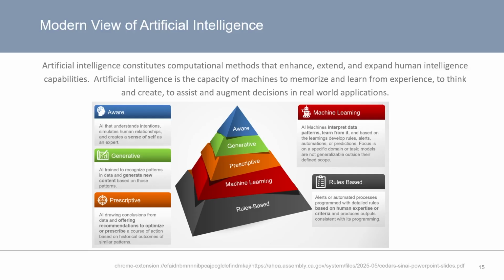The next level is prescriptive, with AI drawing conclusions from data and offering recommendations to optimize or prescribe a course of action. Beyond this is generative, with AI trained to recognize patterns in data and generate new content based on those patterns. And lastly, thus far least obtainable, is that of awareness, where AI understands intentions, simulates human relationships, and creates a sense of self as an expert.